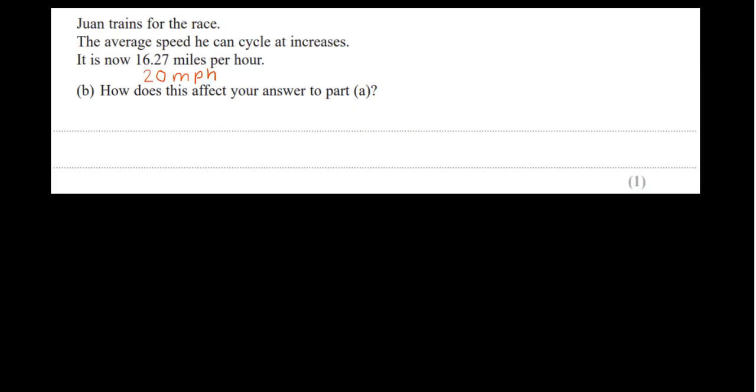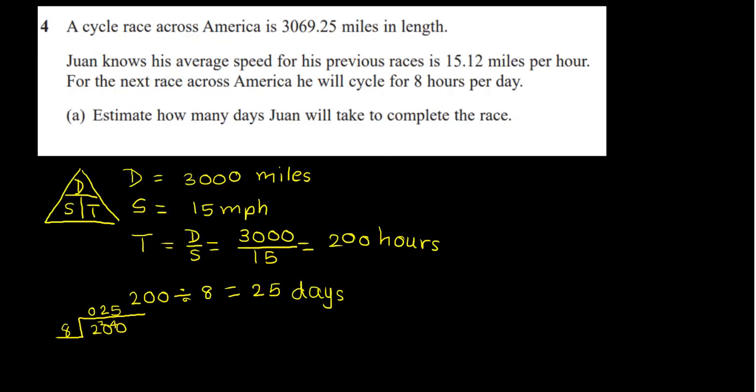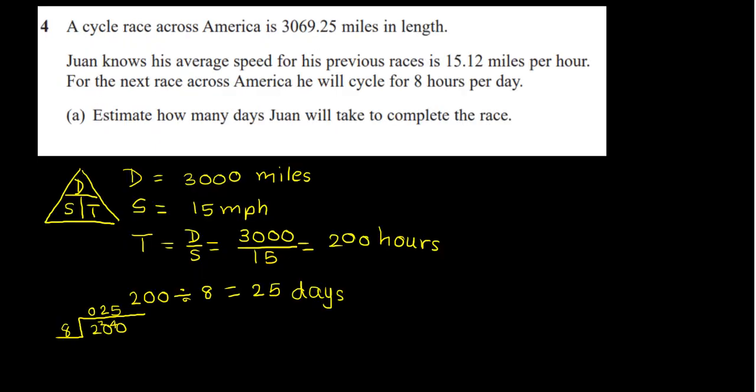So 3,000 divided by 20 would be 150 hours, not 15, as compared to 200 hours before.